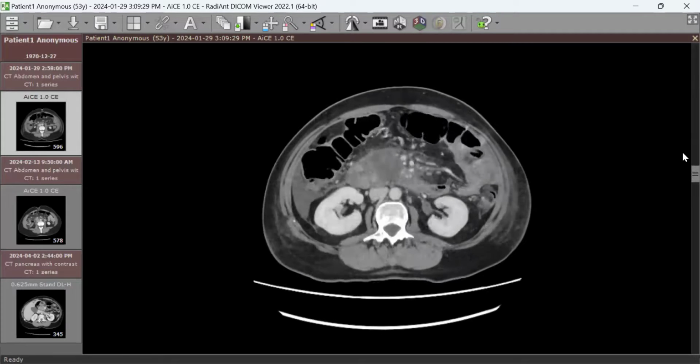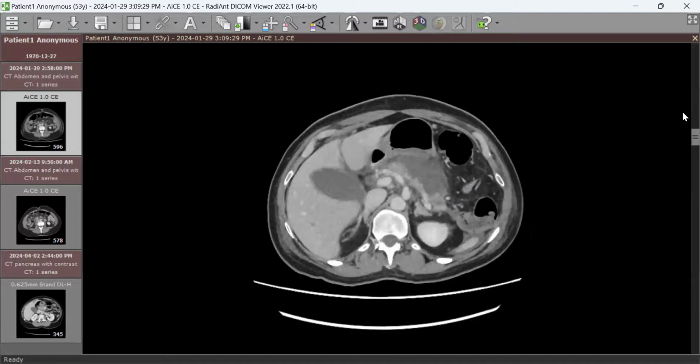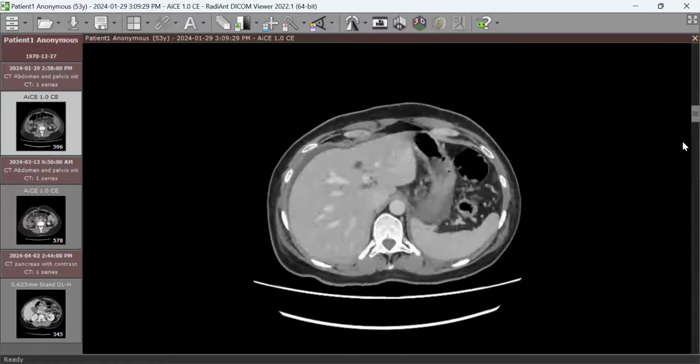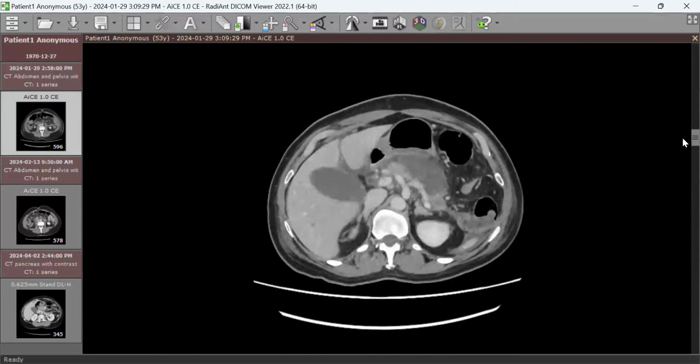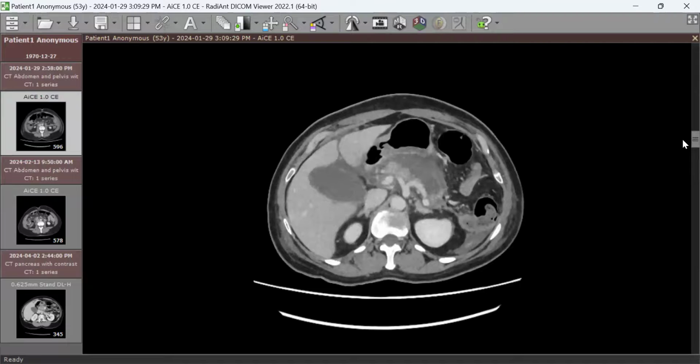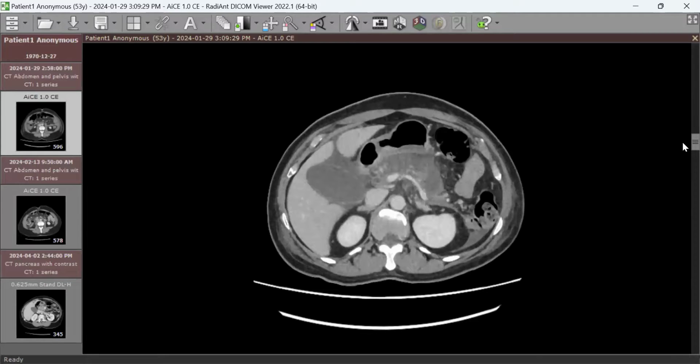What are we looking for? We look for vascular complications, thrombosis. The most feared complication when it comes to the arteries is hemorrhage or pseudoaneurysm.